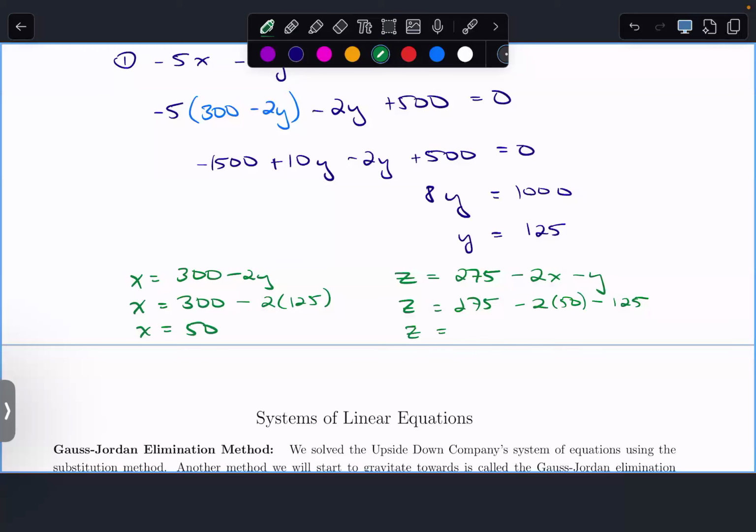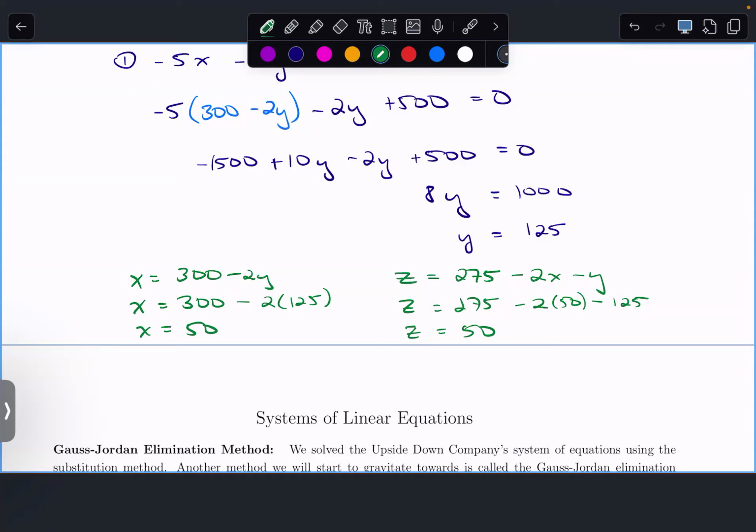I get a z of 50. 50 jackets, 125 vests, and 50 comforters will get you the desired profit of 1150.